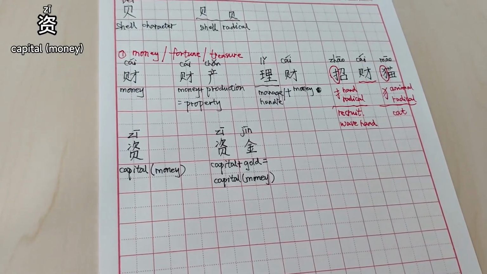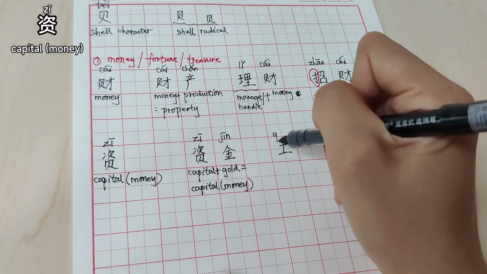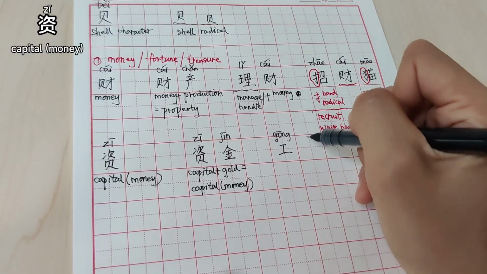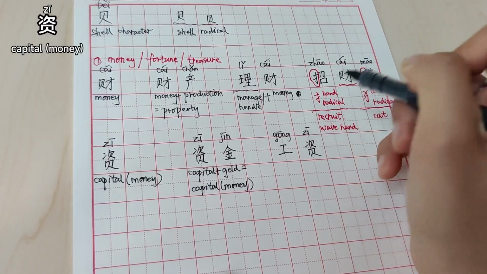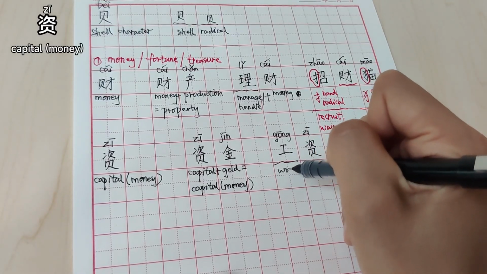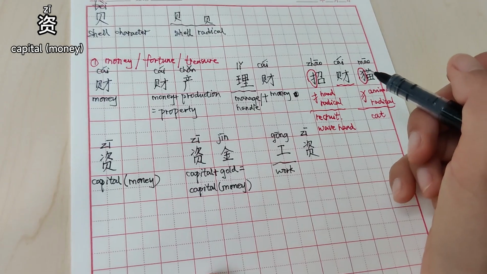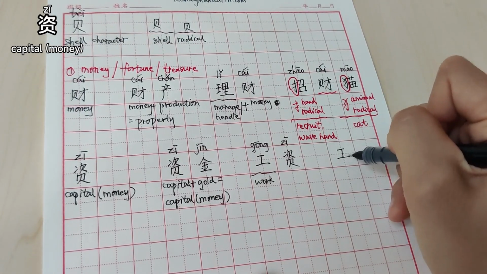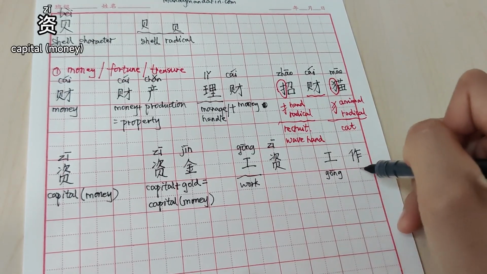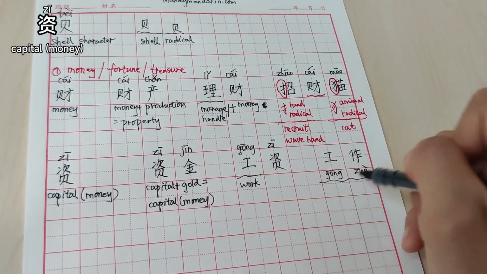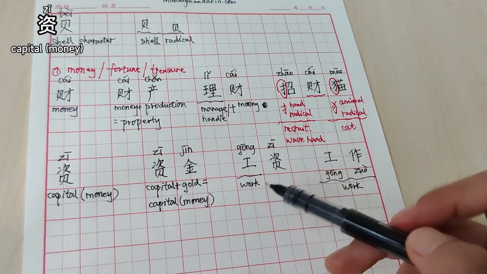Okay? And let's be more practical. We have 工资. 工 is to work, like we have 工作, work. The 工 means work.